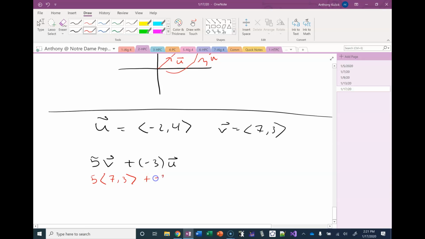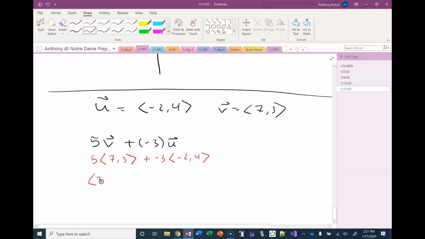Well, I'm just going to start by replacing my vectors with their component form. And then which order would I want to do things? Should I do the scalar multiplication first, or should I do the vector addition first? Same as the order of operations that you've done previously. So we should do the multiplication first.